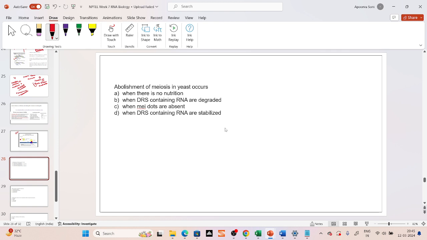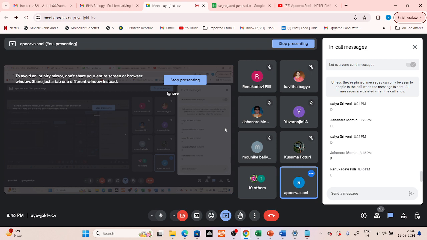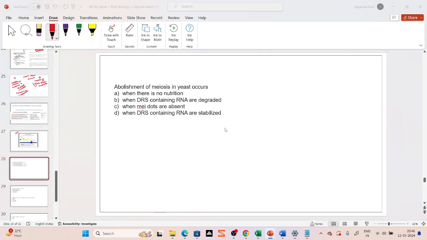Abolishment of meiosis in yeast occurs when there is no nutrition, when DRS containing regions are degraded, when MEI dots are absent, or when DRS containing RNA are stabilized. I'm giving you one minute to think. Renuka has said B. Okay. Others?